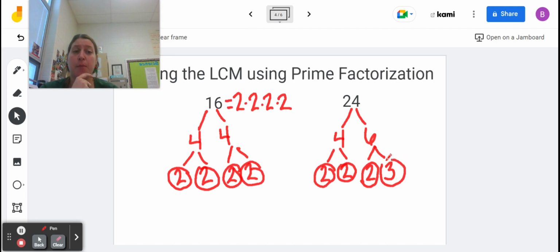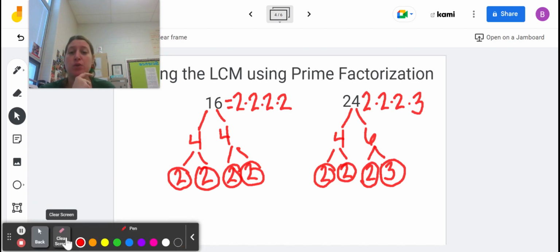Now I'm going to set up a multiplication problem from smallest to largest number. So I'm going to have 2 times 2 times 2 times 3. Now that I have the prime factorization for both numbers, I am going to stack them on top of each other so I can find the least common multiple.